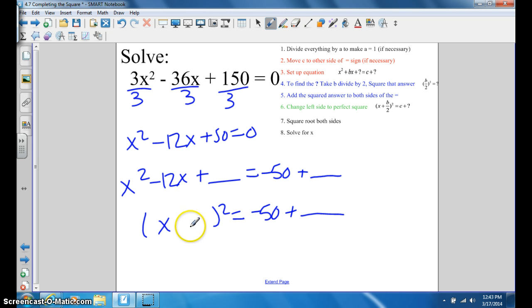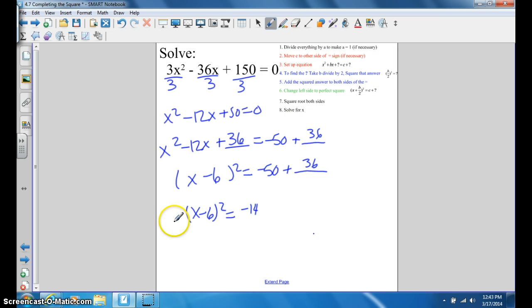So half of negative 12 is negative 6. Negative 6 squared is 36. So we have x minus 6 squared equals negative 14. And take the square root of each side. So we get x minus 6 equals plus or minus the square root of negative 14. Remember, we can have negatives under a square root. So we gotta bring that out. So we have i root 14 now.